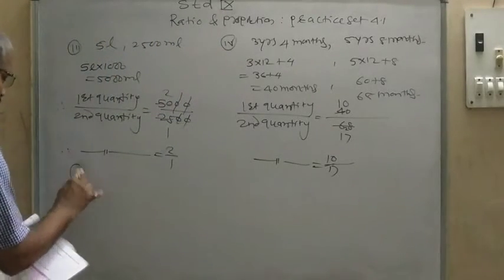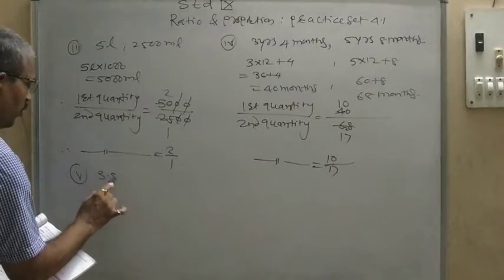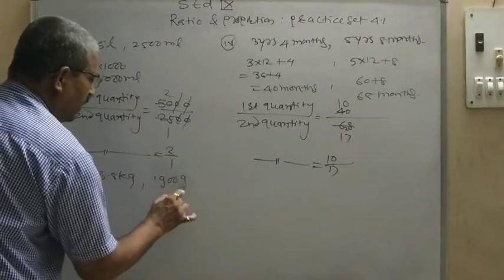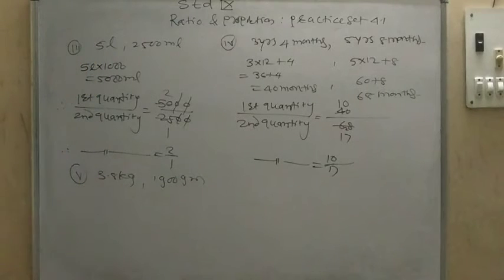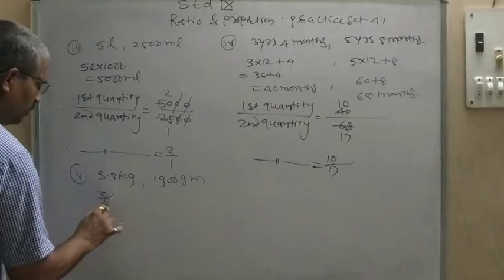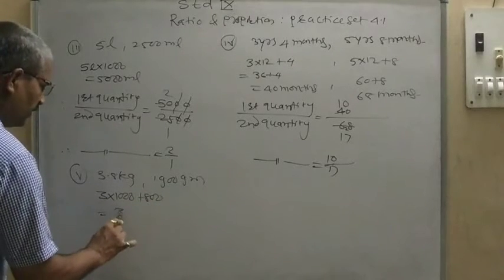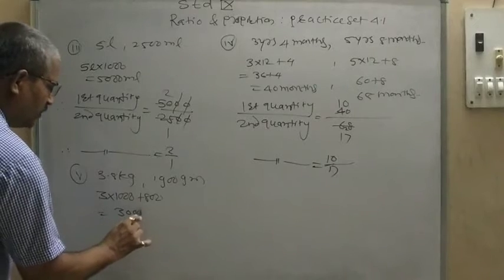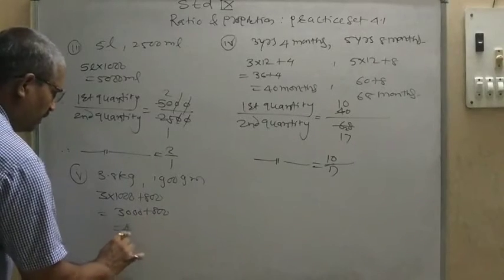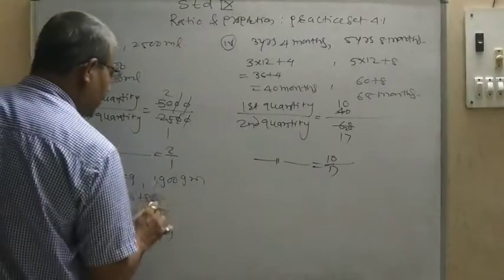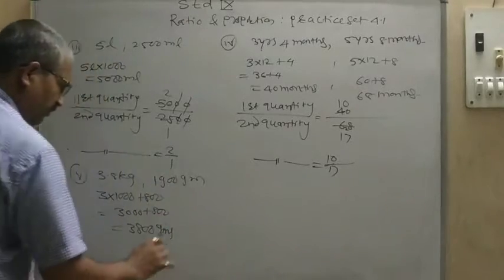Now the fifth question, 3.8 kg and 1900 gram. 3.8 kg means we should convert it into gram. So 3 into 1000 plus 800 means you will get 3000 plus 800 means 3800 grams, and this is 1900 gram.